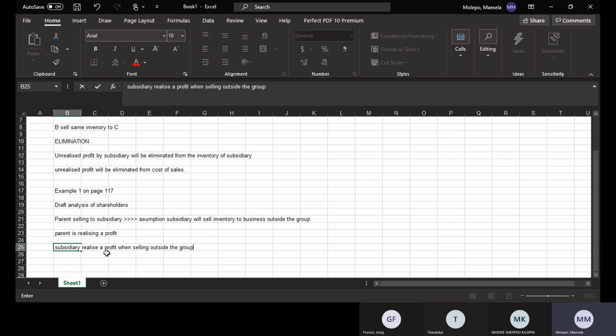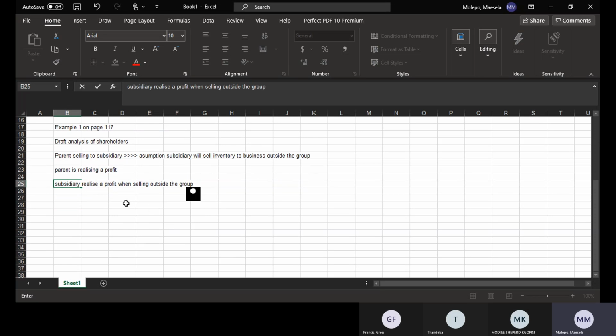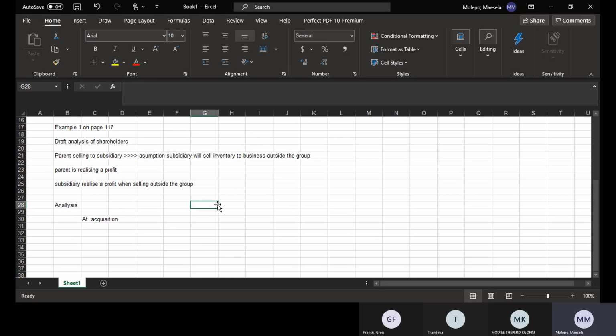Okay, and now let's go to our analysis, which will be the common thing, especially the top part, so we're not going to dwell more on it. So in our analysis, we have the at acquisition, and it's going to be A Limited, which is our parent in this case.